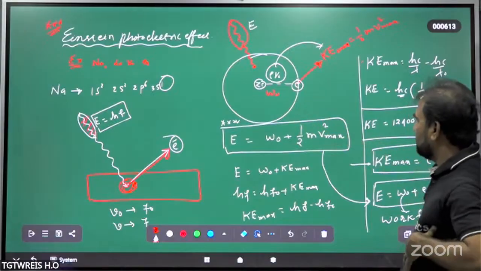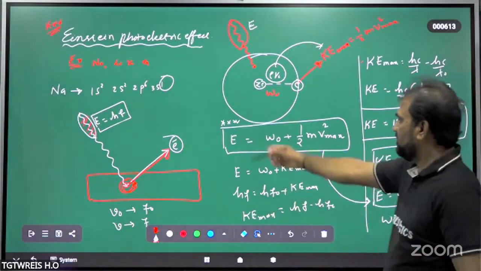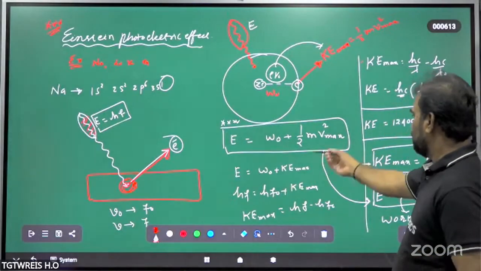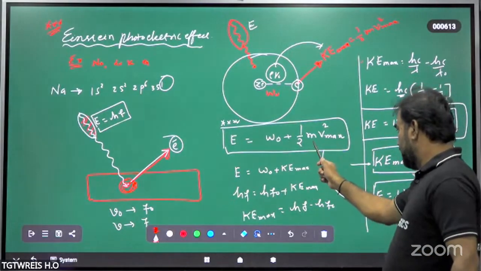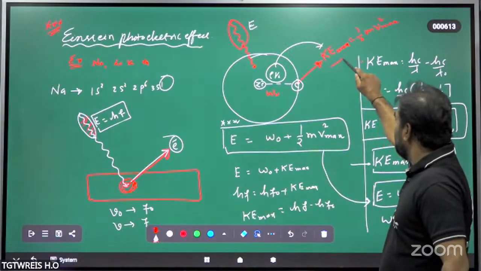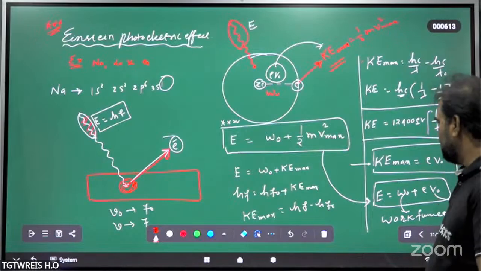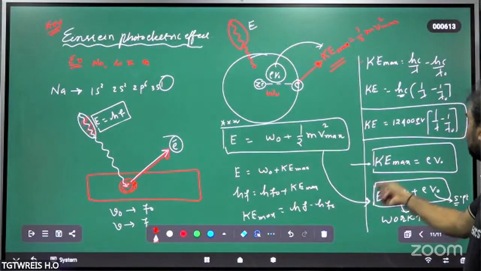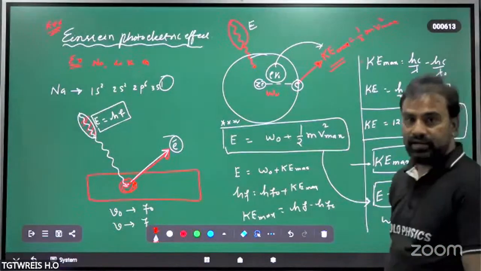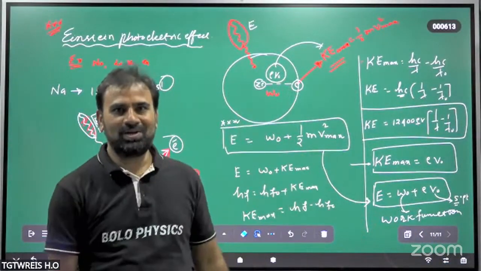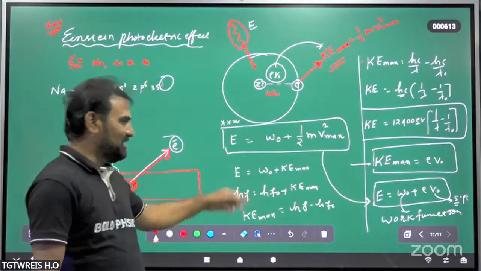The amount of energy incident would be equal to W naught plus half mv square max, which means maximum kinetic energy. That is hf is equal to hf naught plus K max. Understood or not? I hope you have understood this concept.